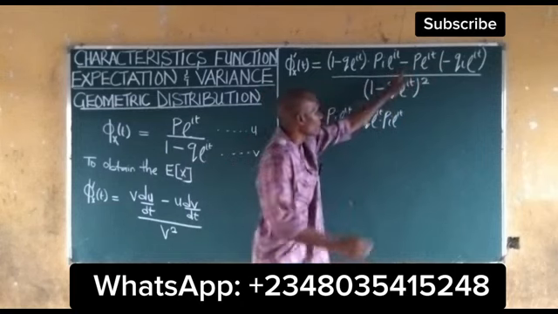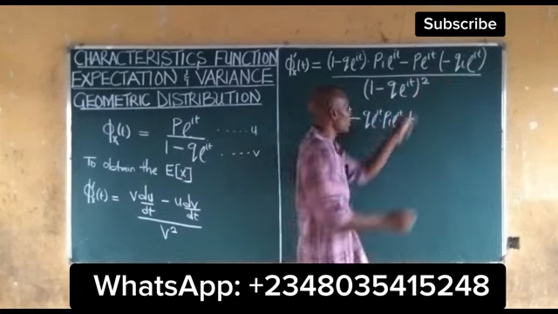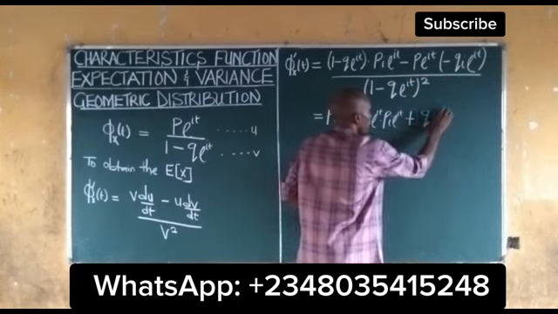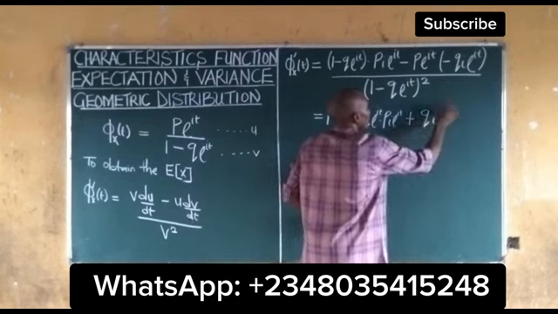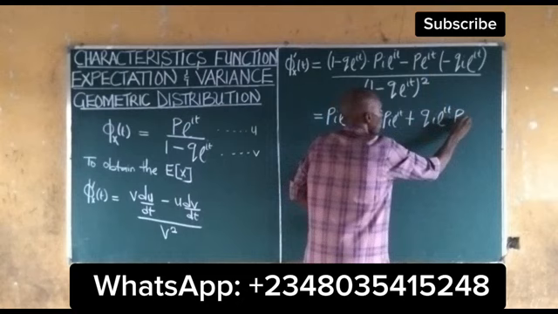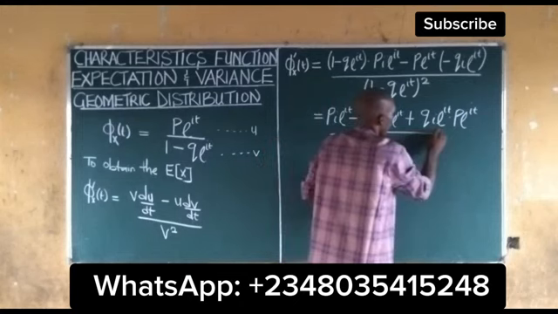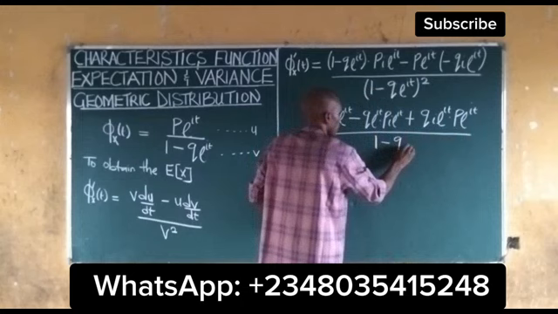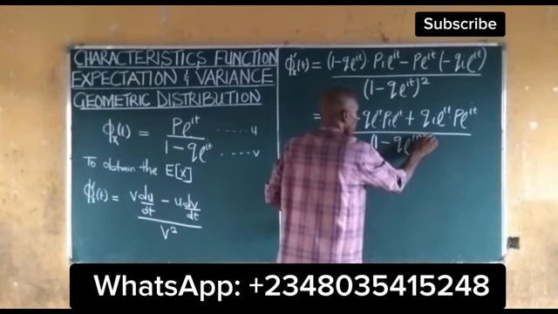Because of this sign, this becomes positive. So we write plus this multiplied by this. We have q i p e^(it) e^(it) all over 1 minus q e^(it) raised to the power of 2.